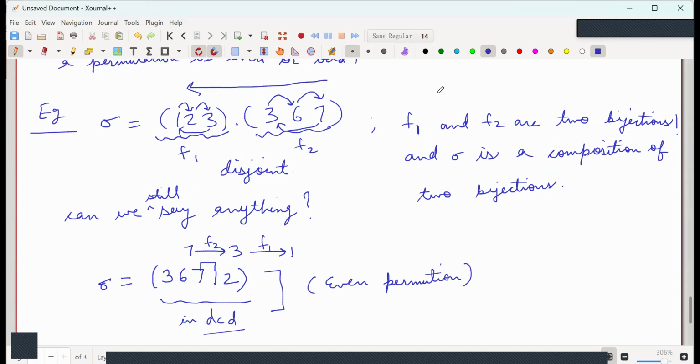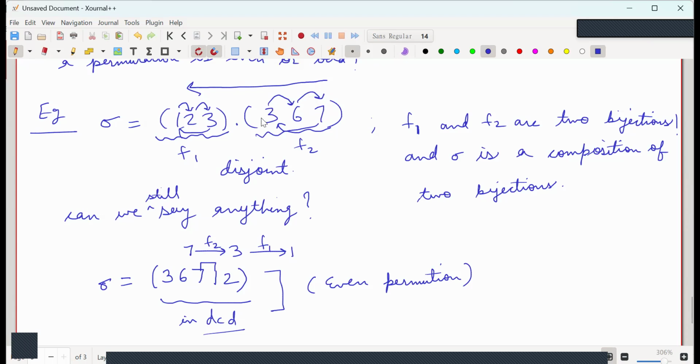So for this example, the notation contains two cycles. This kind of notation suggests that both of them are individual bijections, and sigma is the resultant of their composition. So we try to obtain the resultant composition. We start from right to left. In some books, it's from left to right, but generally we start from right to left. We start looking at the image of 3, or you can start from any number in the rightmost cycle.